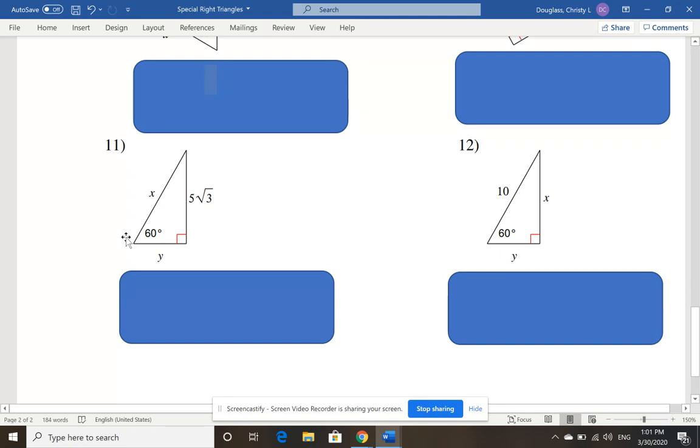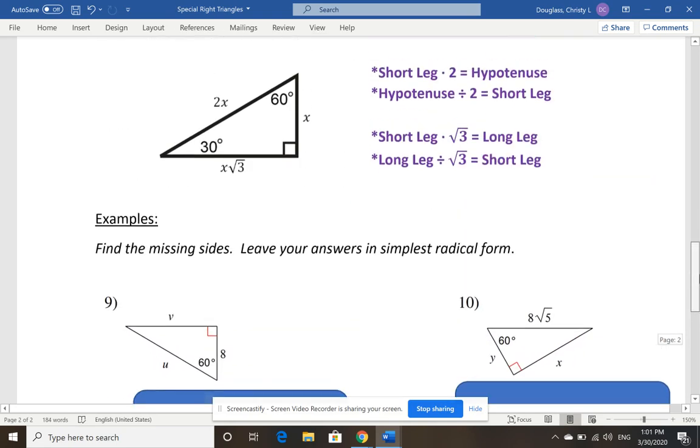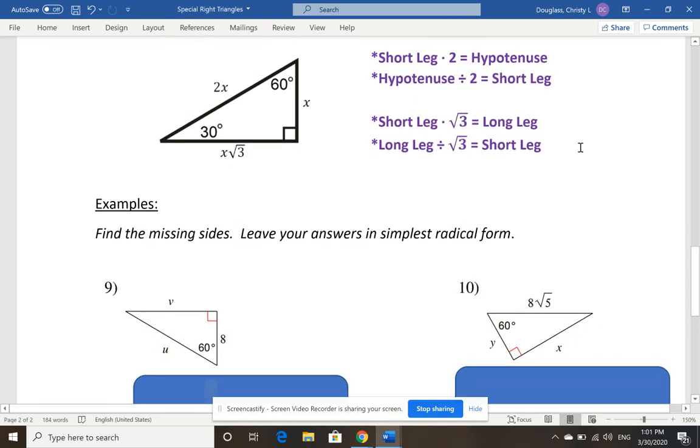Now remember what I said: the first thing I want to find is the short leg. I know the long leg, and I need to find the short leg. So what was that rule? If I want to find the short leg, given the long leg, I'm going to take the long leg and divide it by the square root of 3, and that's going to give me my short leg.